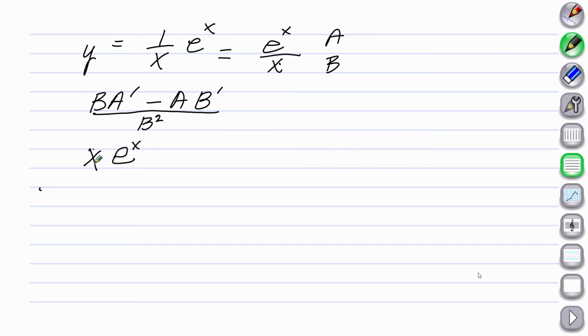Okay, it's B times the derivative of A minus A, which is e to the x, times the derivative of B, which is 1, over B squared, and B squared would be x squared. So you can see, pretty easy. I guess that's basically all you can do. If you want to, like that last one, you want to take out an e to the x.